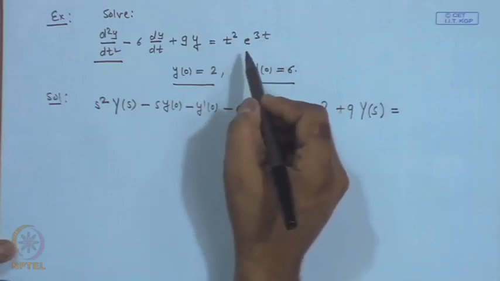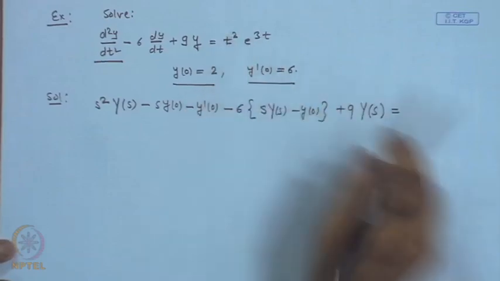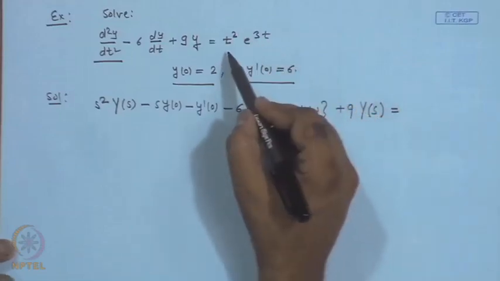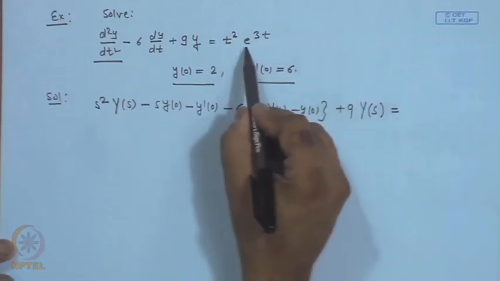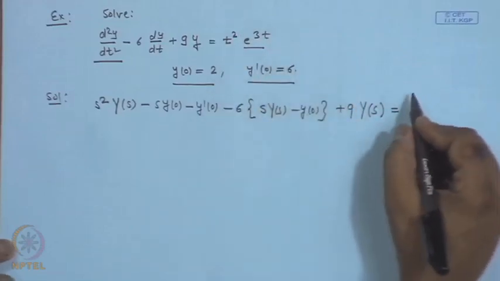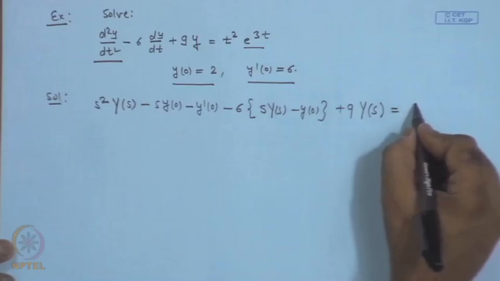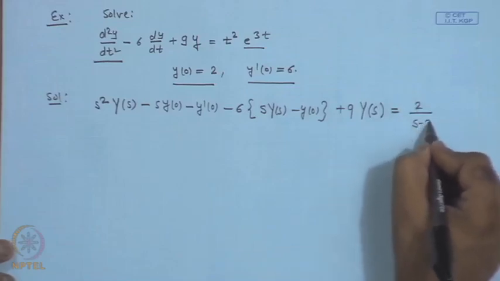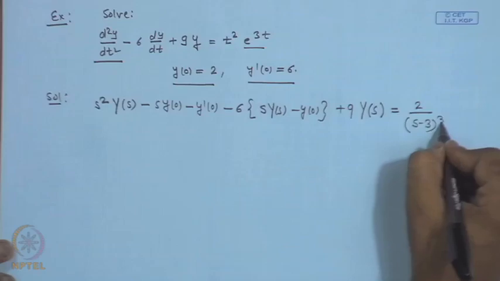So, we use the first shifting property. The Laplace of t square is 2 over s cube, and then with e power 3t, the Laplace will be 2 over (s minus 3) cube, using the first shifting property.